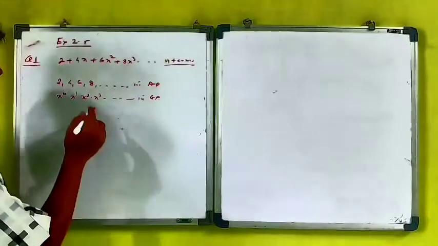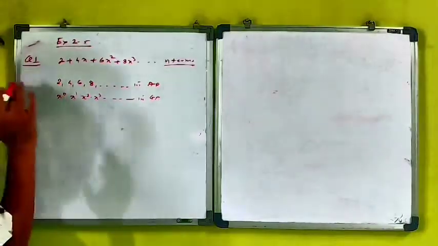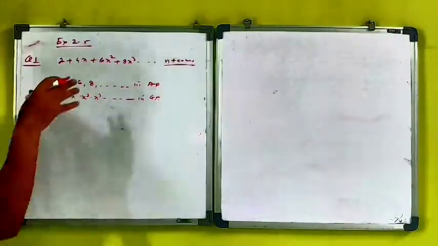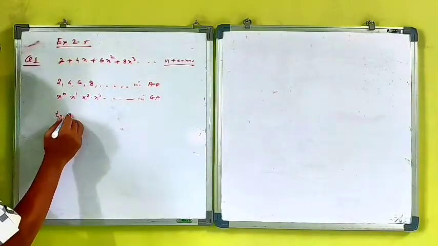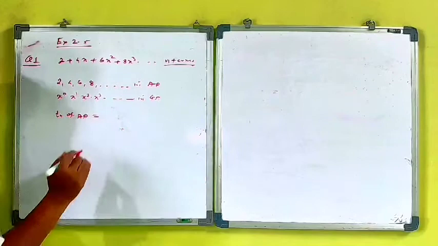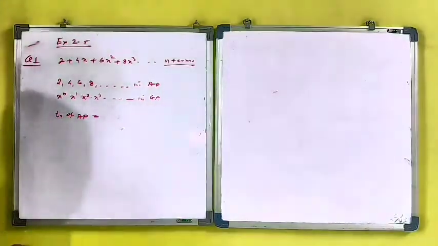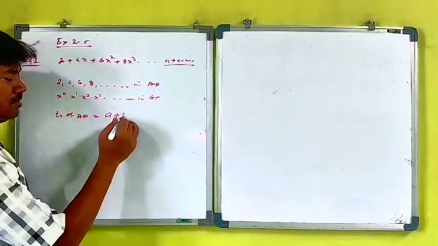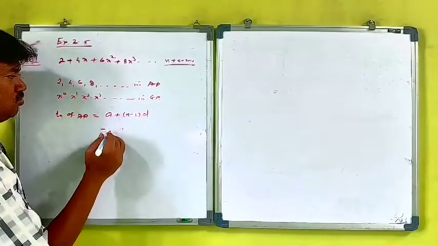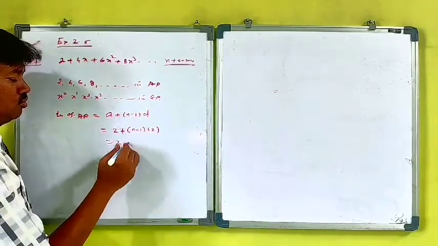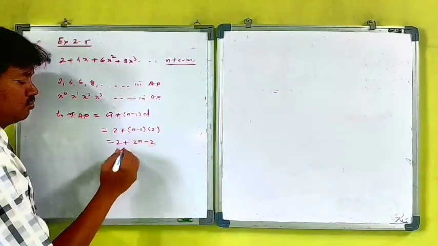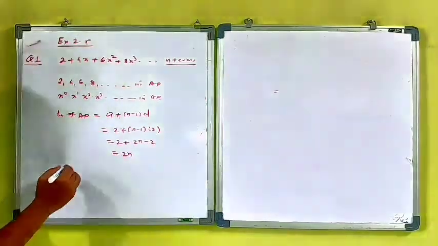So what is Tn? First of all, you have to find Tn in this case. Tn of AP is, what is the Tn of AP here? It is a plus (n minus 1) into d. So a is 2 plus (n minus 1) into 2. So 2 plus 2n minus 2. So it is 2n.